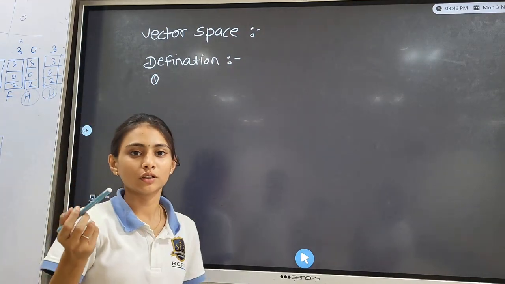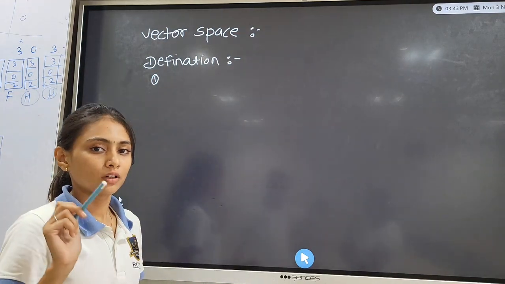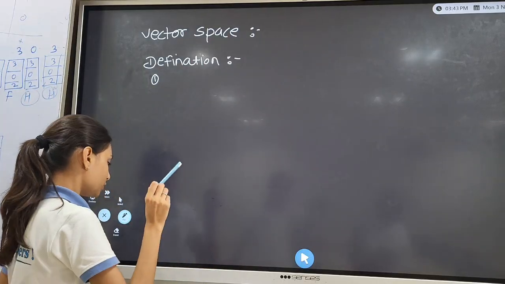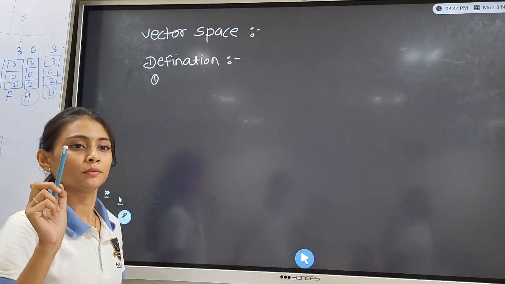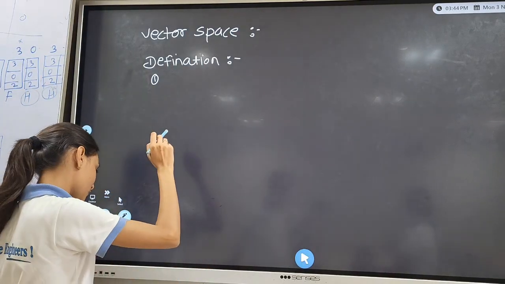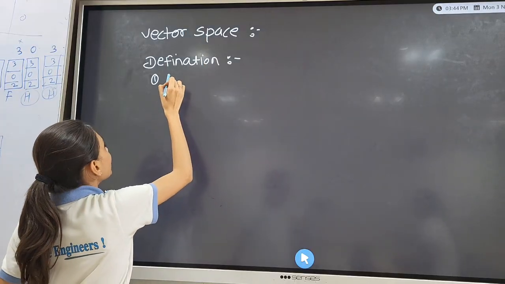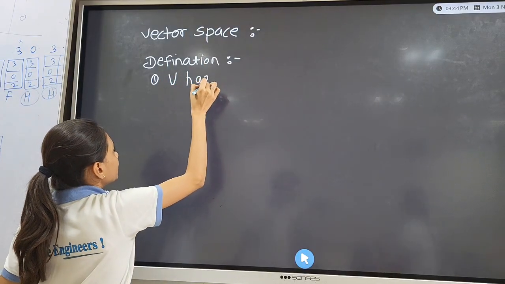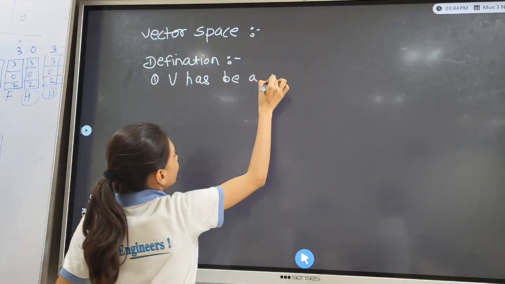First, we have to define two main rules to see that the set lies in a vector space. The first one is that V has to be a non-empty set.